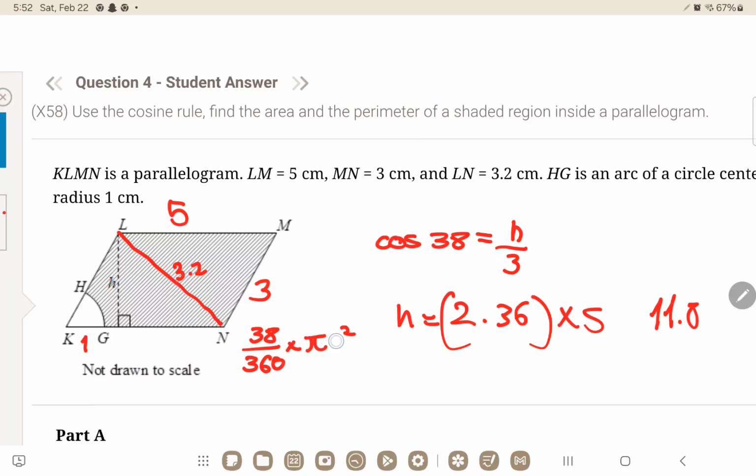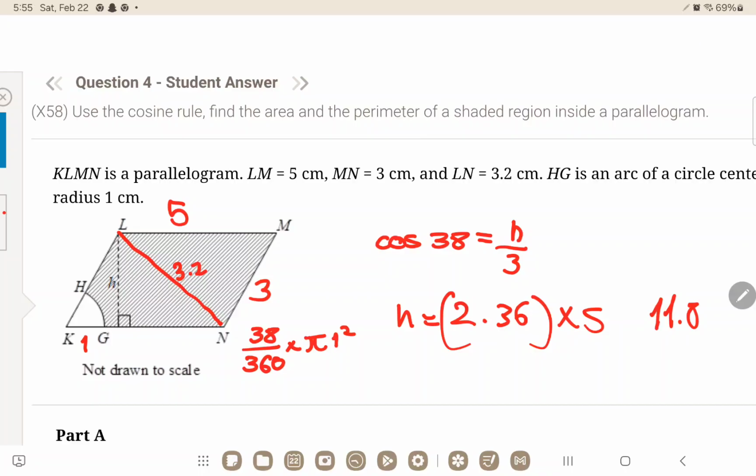Now our radius is 1, so we just put this to get the area of arc HG. So it's 38 over 360 times pi, which is 0 point something whatever.